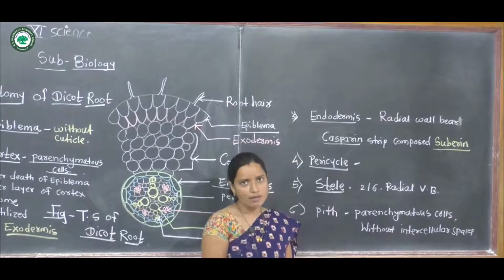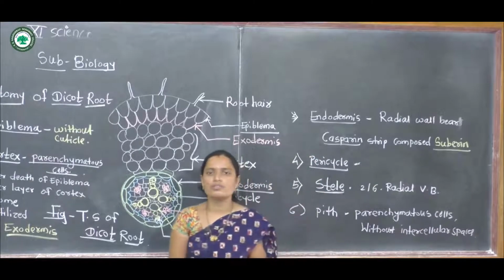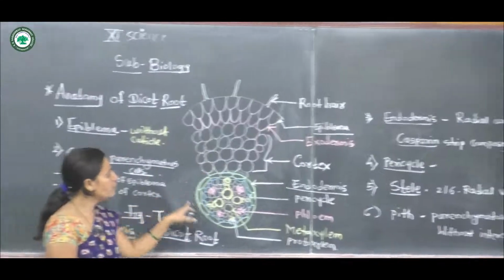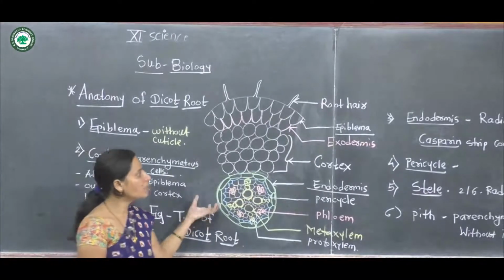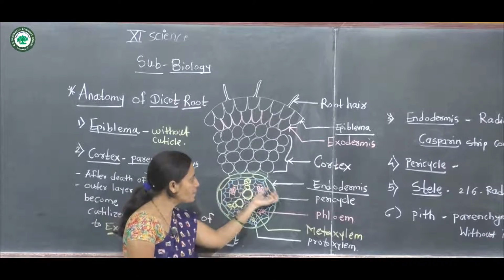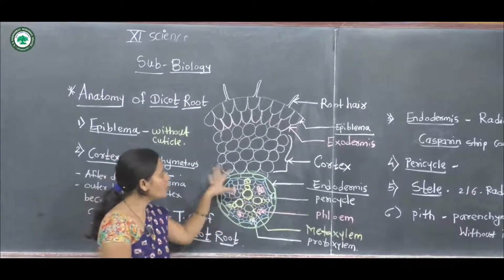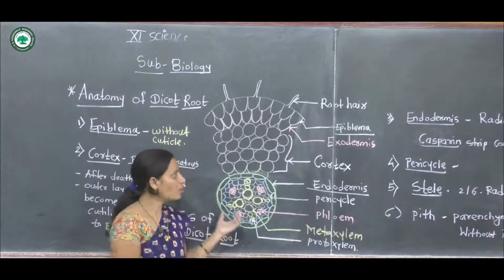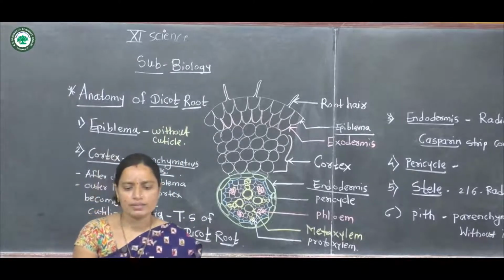These strips are composed of an important substance known as suberin. In the endodermis, this most important layer, the Casparian strips are present, and the important chemical constituent, suberin, is found at this location in the cortex region.